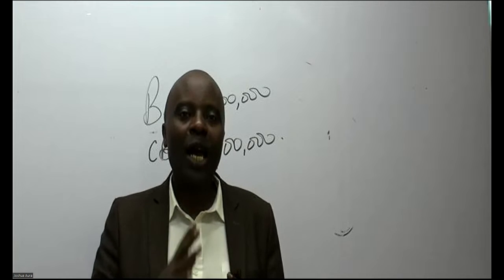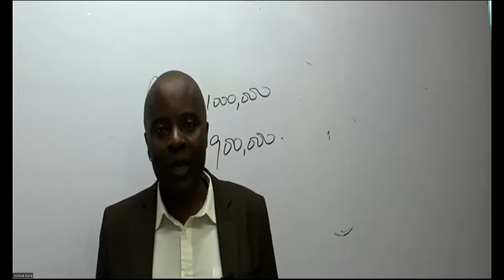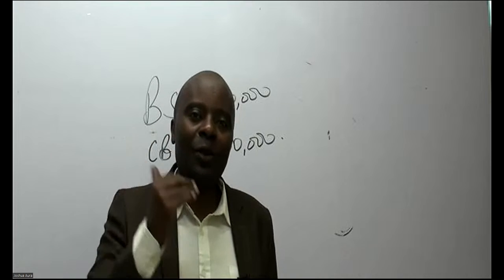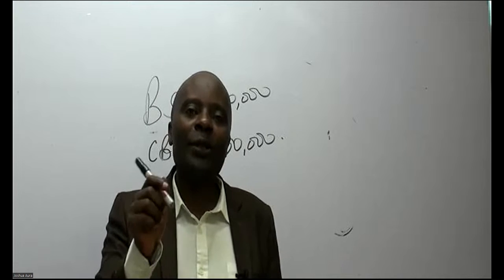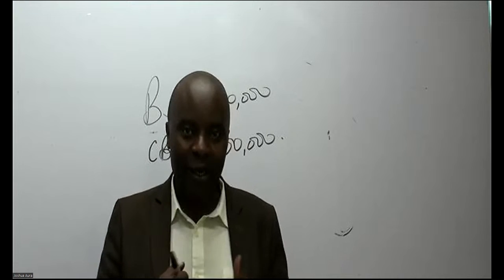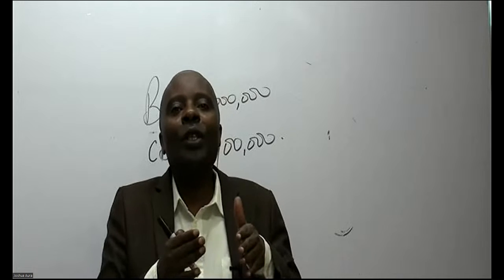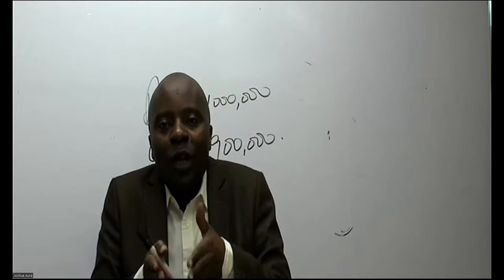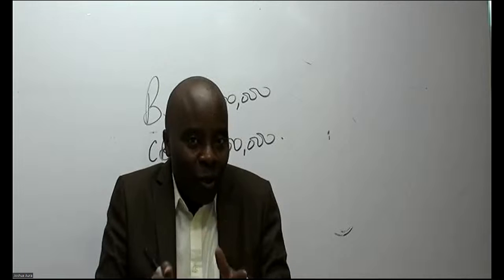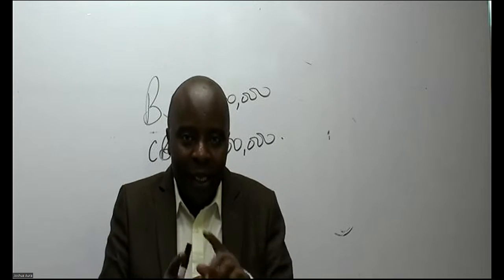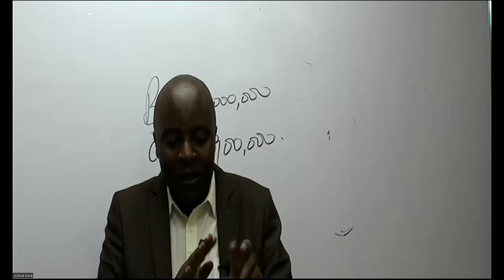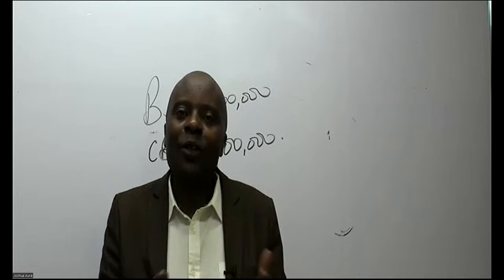So what do I do? Assuming, of course, I don't get this kind of money, but assuming I'm getting like 600,000 Kenya shillings a month from my employer. When this money hits my personal bank account, and then I withdraw all this money at once, or even if I don't withdraw, so long as this money has hit my bank account and I have this mobile bank access, chances are, I don't know what happens.